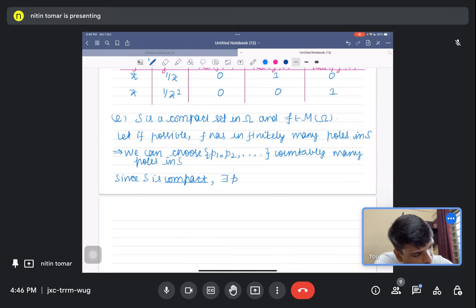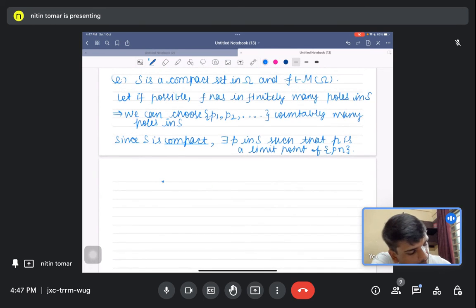So there exists a P in S such that P is a limit point of this sequence. Now what does it mean? You take any neighborhood of P, and you'll have some Pj in it, correct? Yes, sir.